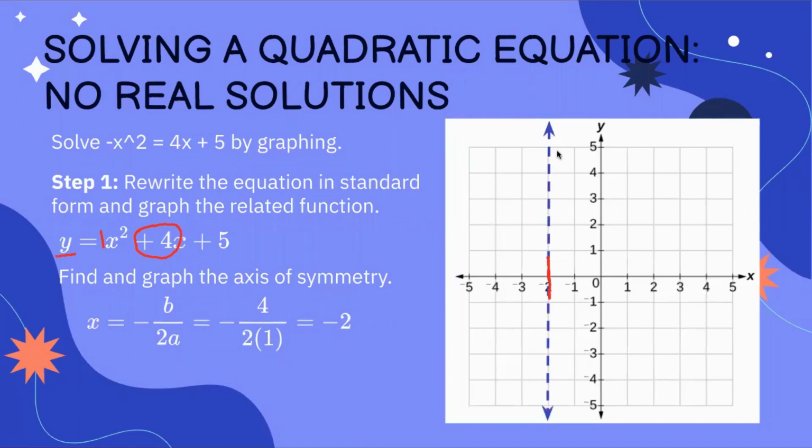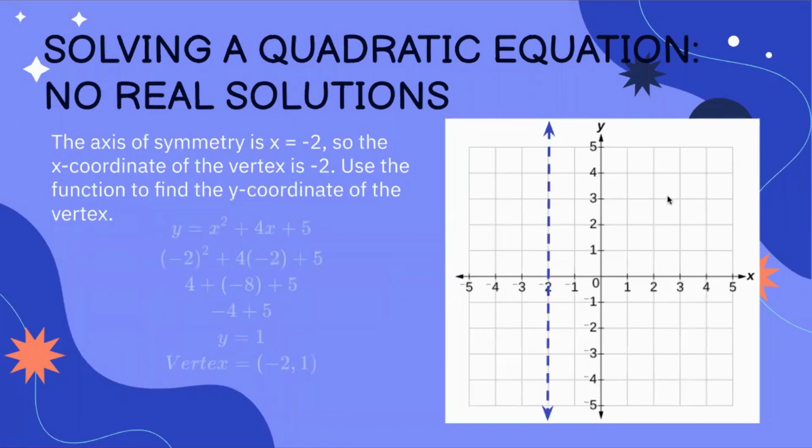Now that you have your axis of symmetry, we can find our vertex. The axis of symmetry is -2, so the x-coordinate of the vertex is also going to be -2. You're going to use the function to find the y-coordinate. So just plug -2 into your original equation, which is x² plus 4x plus 5.